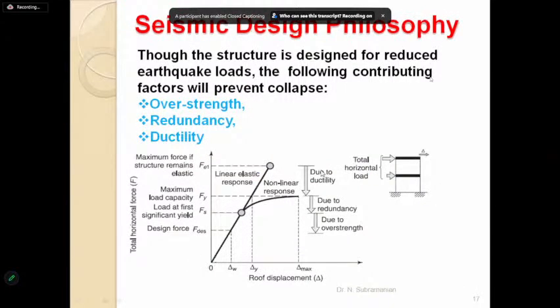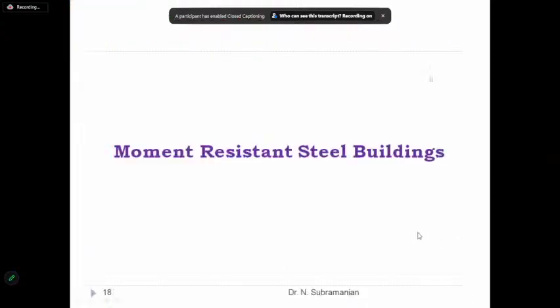Why are such much smaller forces enough? It is because the following contributing factors will prevent the collapse: overstrength, redundancy, and ductility. That is shown in this picture.